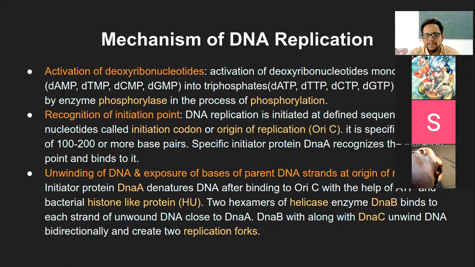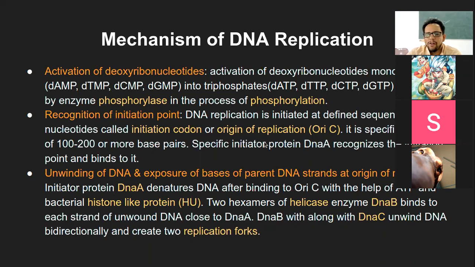Then recognition of the initiation point: the DnaA protein, the initiator protein, will go and identify the origin of replication, which is before the actual gene sequence, somewhere around 100 to 200 base pairs, depending on which DNA and what gene it is. And then the next step will be the unwinding of the two DNA strands with the help of the helicase enzyme.